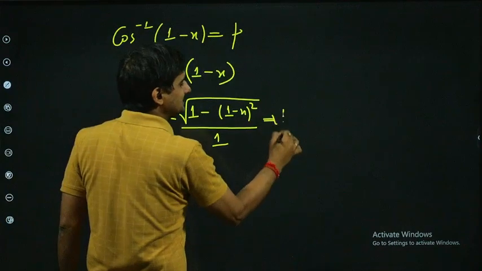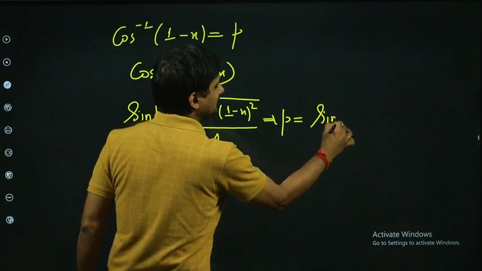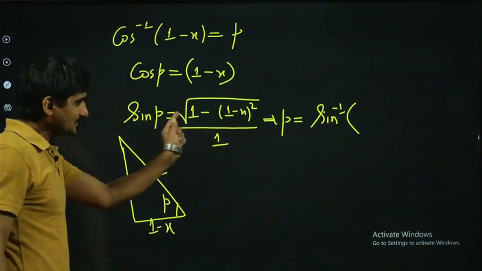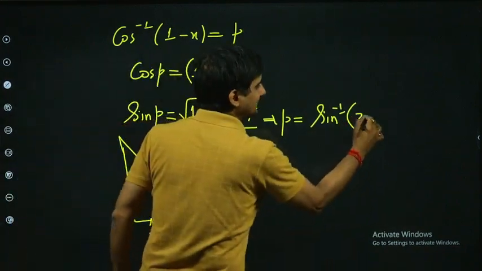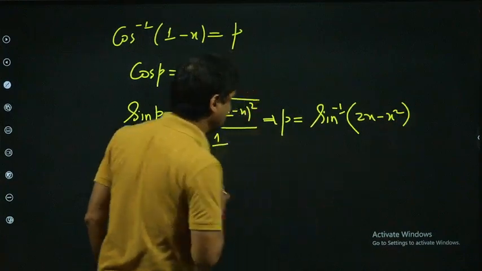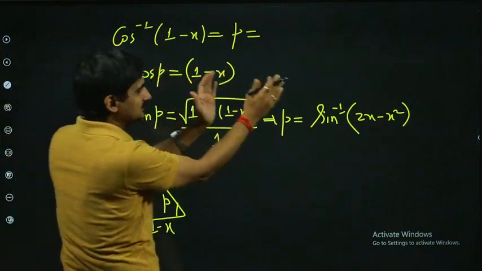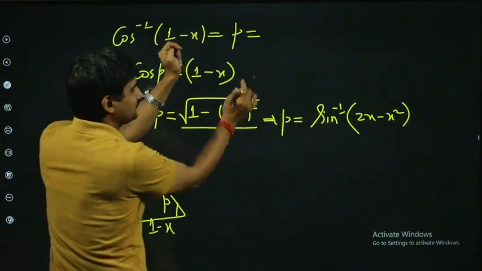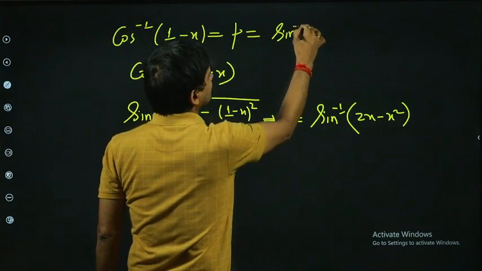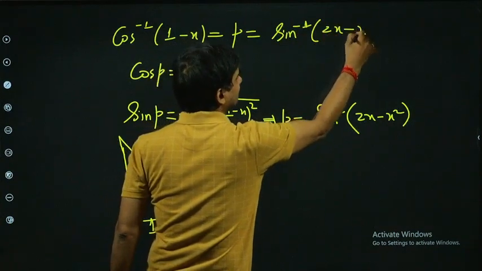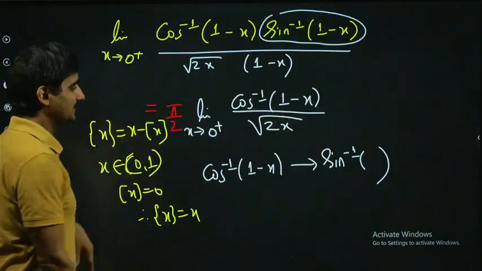So p is nothing but sine inverse of what? 1 gets cancelled, it's 2x minus x square, that's it. So if I have to replace cos inverse in terms of sine inverse, this is also a p, so I can write it as sine inverse of root of 2x minus x square, children.